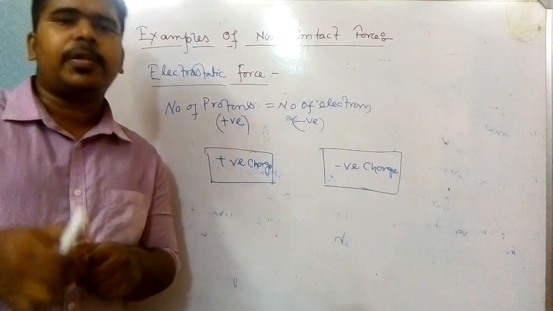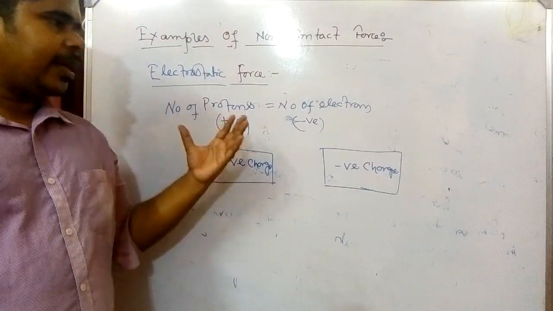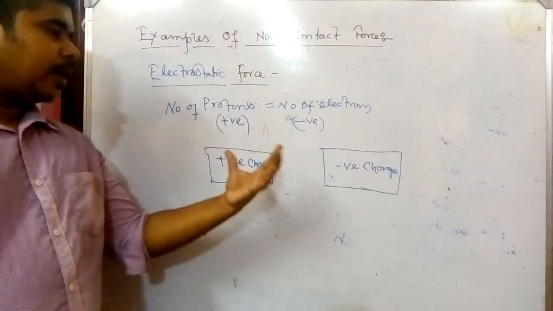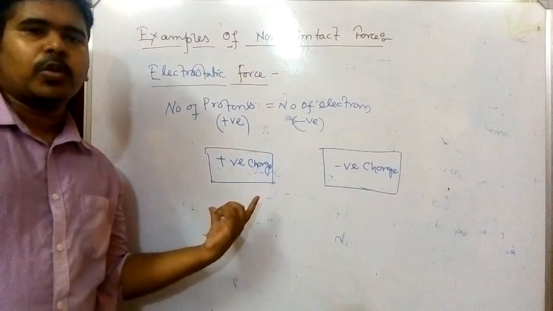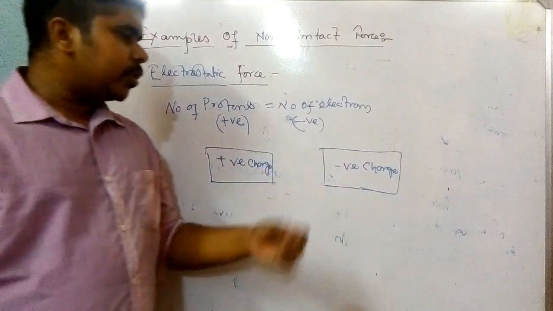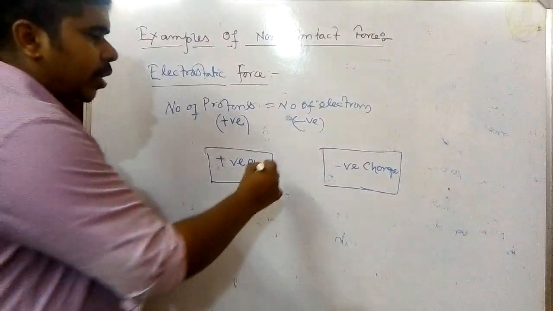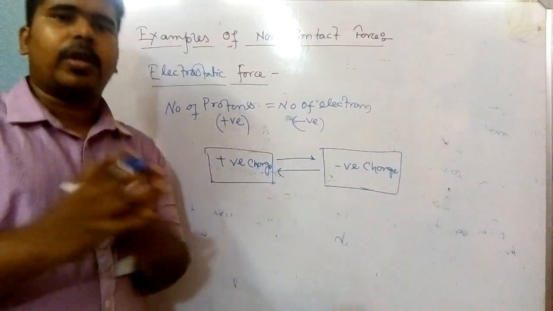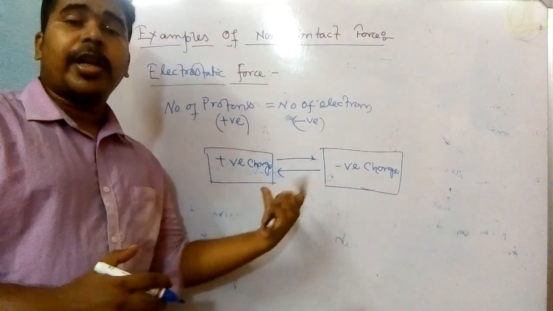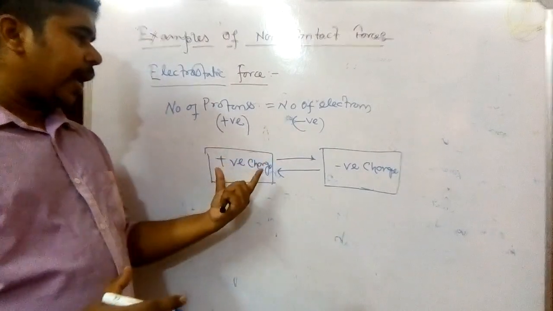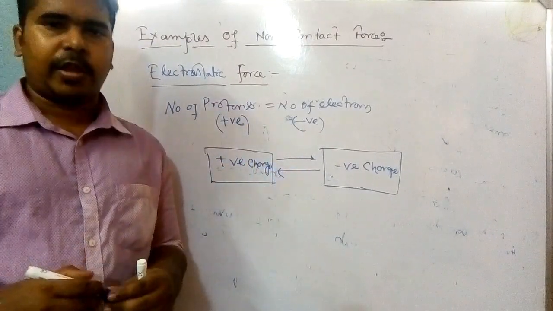Whenever we rub an object, the neutral object is converted into either a positive or a negative charge. The positive charge will attract the negative charge. There is attraction, but here you see there is no connection between them. That is a force of attraction acting between two opposite charges.